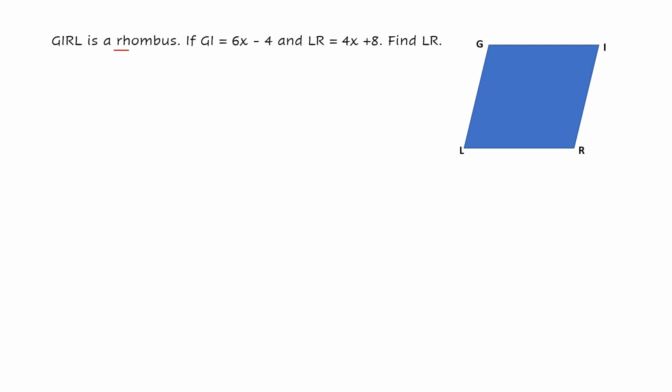Since our quadrilateral is a rhombus and the sides of a rhombus are all equal, then GI here is equal to LR. Since GI is equal to LR, so we can write GI equals LR.